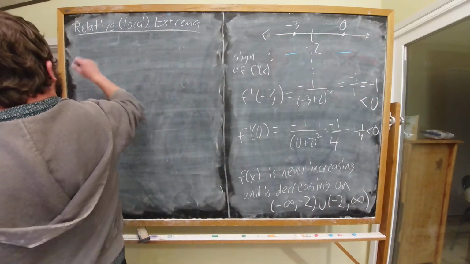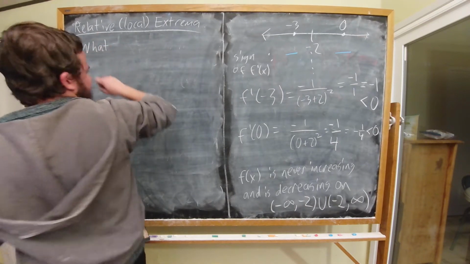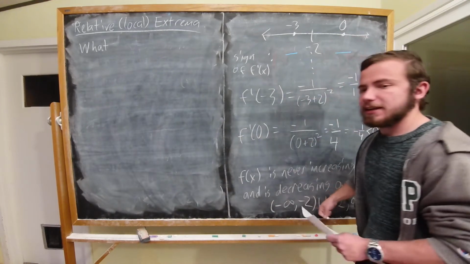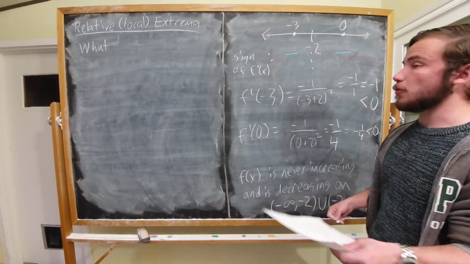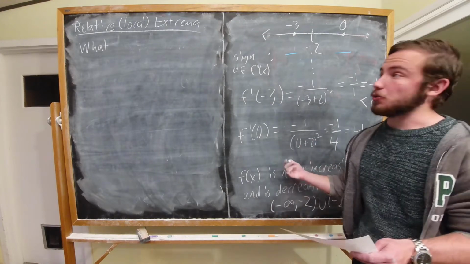So, we've talked about increasing and decreasing, but what about those transition points? What about this -2 point? What about, for that previous example, the 1 and the 2?